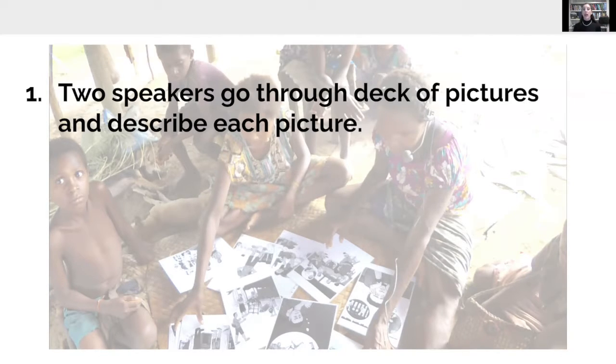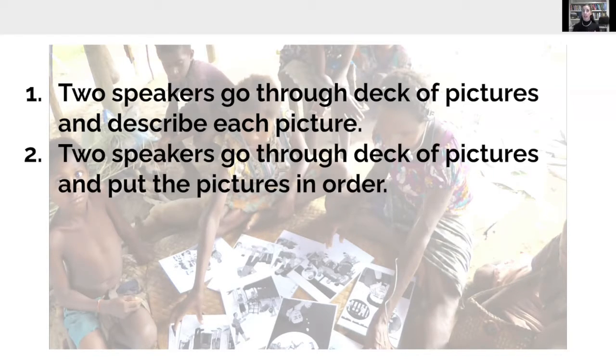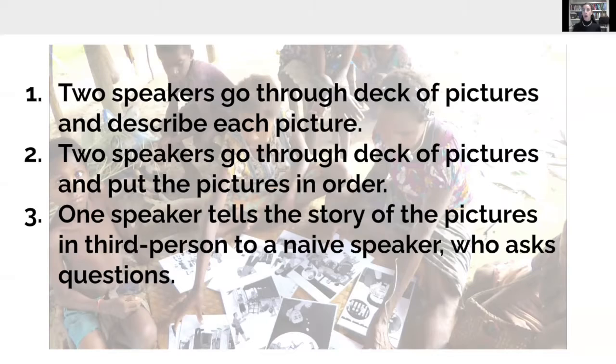In the second part of the task, the speakers go through the deck again, and they put the pictures in order to tell a story. And the conversation that is recorded is the 2 speakers talking to one another about, okay, what comes first, what comes next. After the pictures are in order, one of the speakers then tells the story to a naive listener who hasn't been watching this all take place, tells the story using the 3rd-person narrator voice.